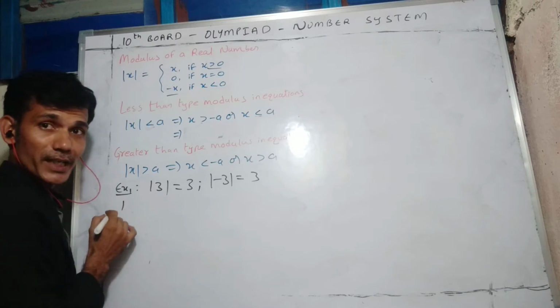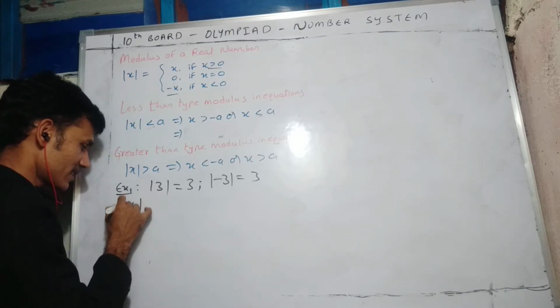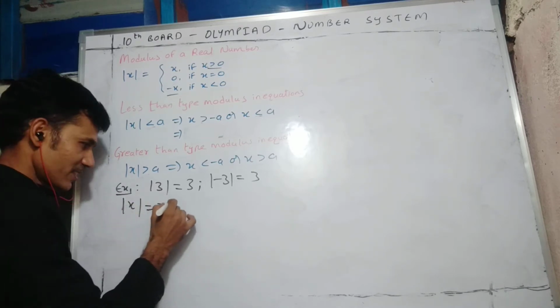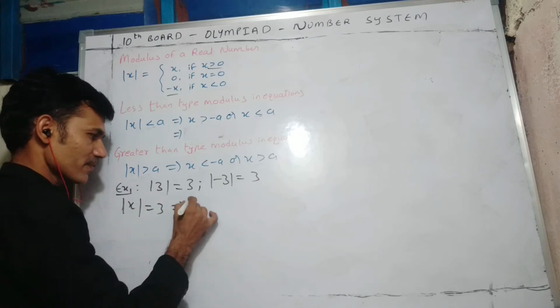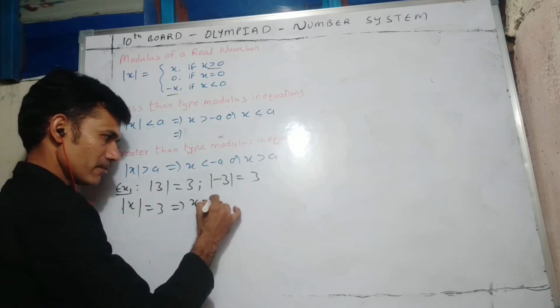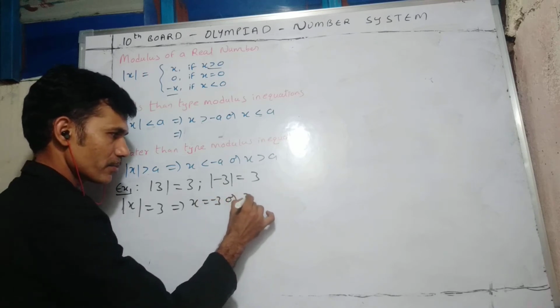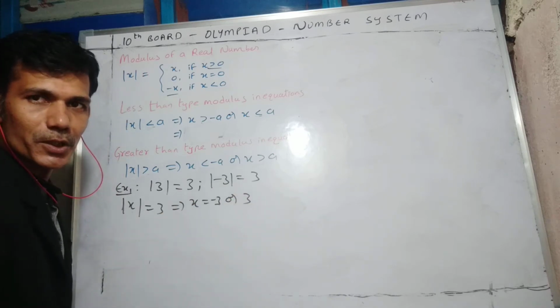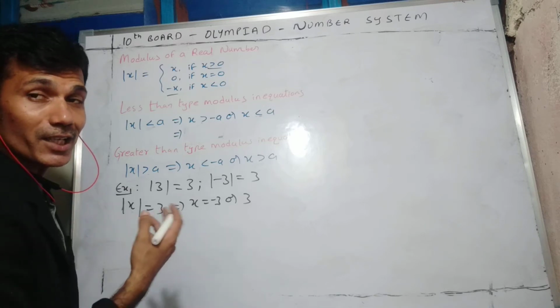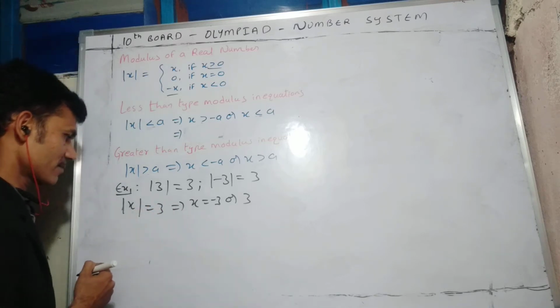So if you want to find the solution for modulus of x equal to 3, then its solution is x can be minus 3 or plus 3. Okay, two solutions, like quadratic equations will be having two solutions.